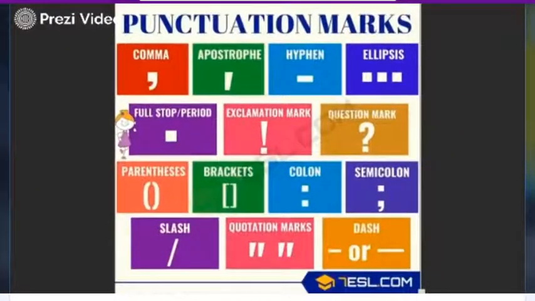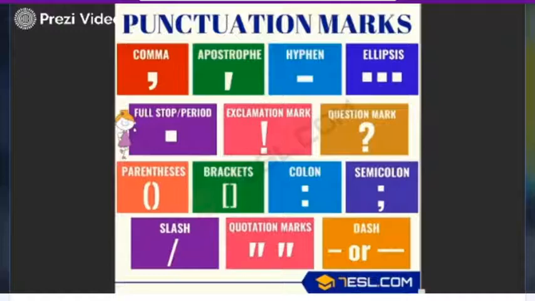About the punctuation marks, like I was saying, there are a lot. I'm going to name them all in general, and then I'm going to explain each of them. But today, remember, we're going to focus on the basics.